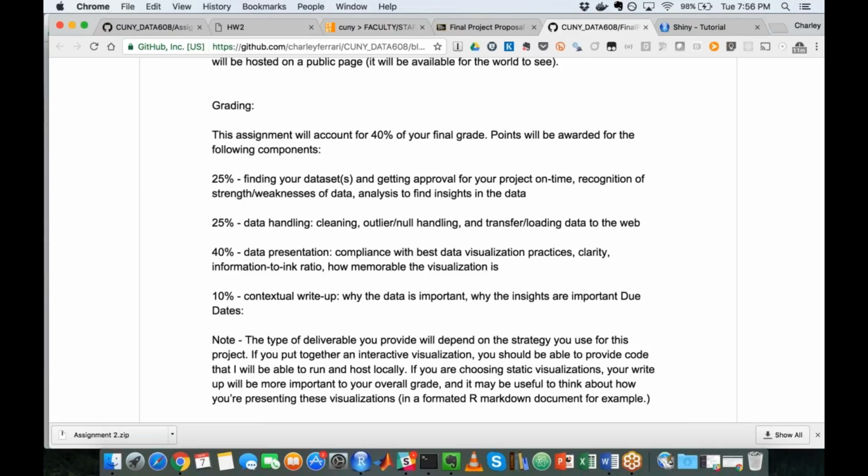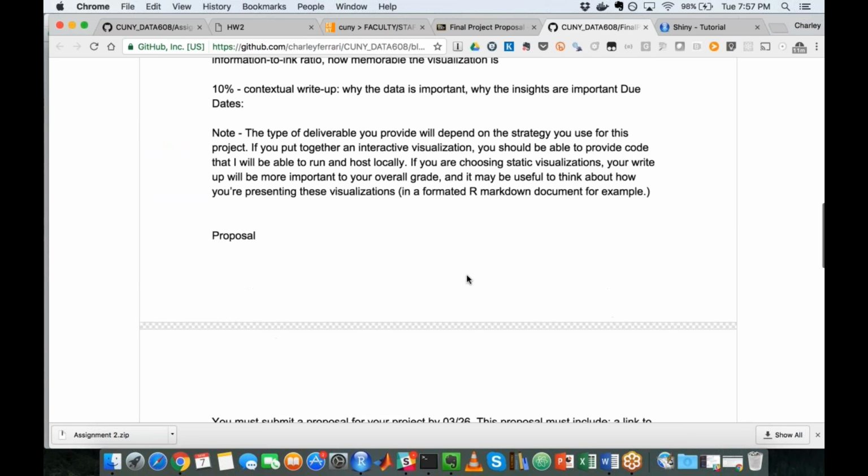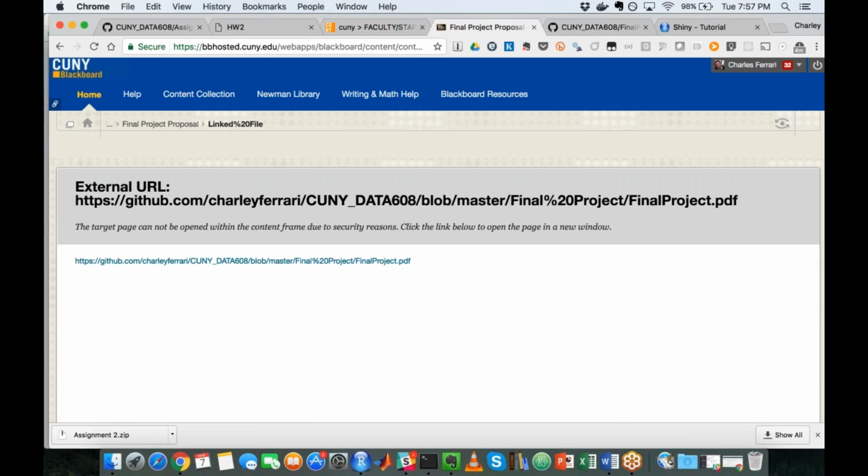The write-up is mainly meant to clarify anything that's not apparent in the app. But with static visualizations, the write-up is a bit more important to provide context to what you're submitting. Otherwise, it's very open ended, and the examples that my predecessor, Josh, posted, in the link I provided here, should be a good place to start for inspiration.